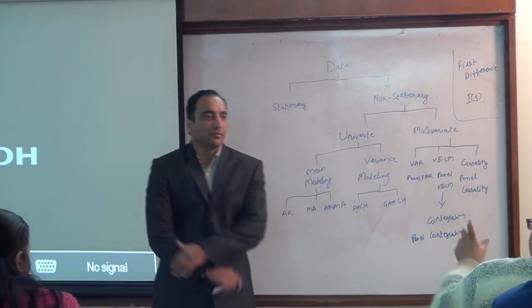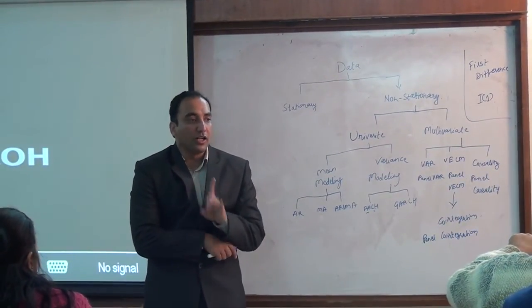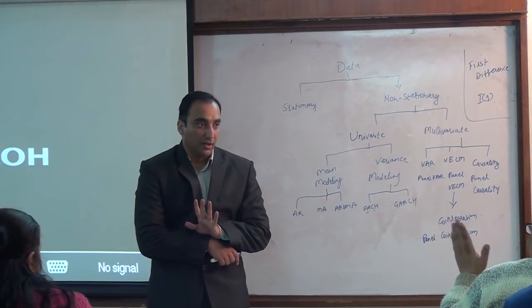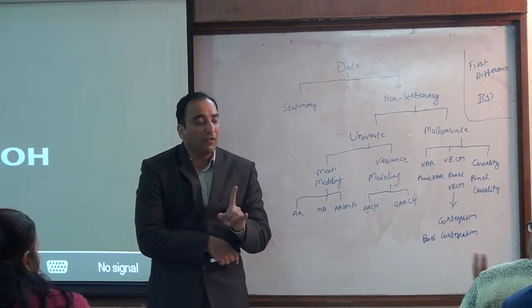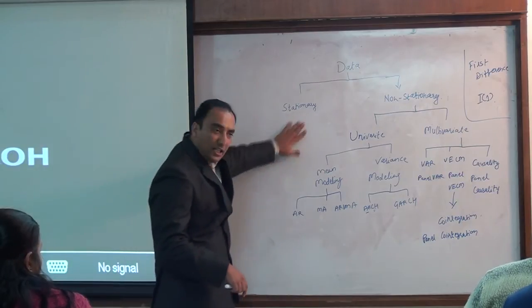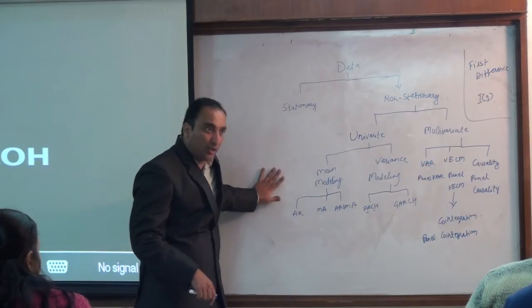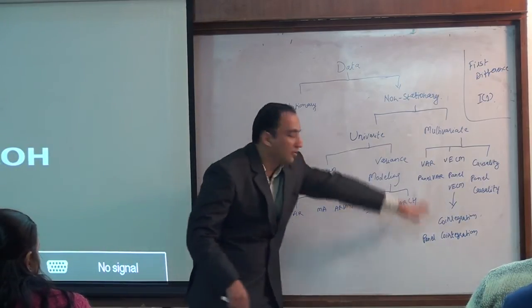So we have to do that on the univariate individual series first, and then find out whether they are stationary or not. Suppose they are stationary, then you will go for normal panel models. Suppose they are non-stationary, then you go for the other models.